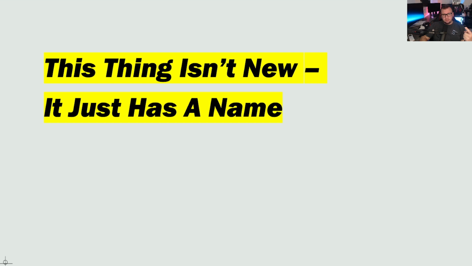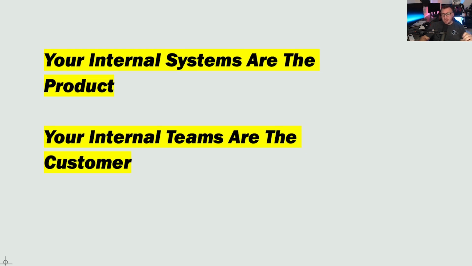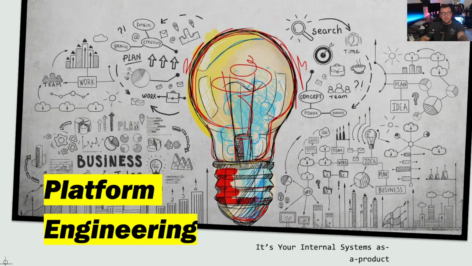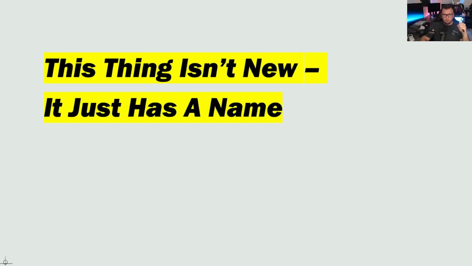You've set up systems for applications to run on, and then you've set up or deployed those applications for external users like your customers and your clients to be able to use. You're doing the same thing in platform engineering. The key difference is your internal engineers and developers are your customers and clients, and that's why I like to think about it like it's your internal system as a product, all right?